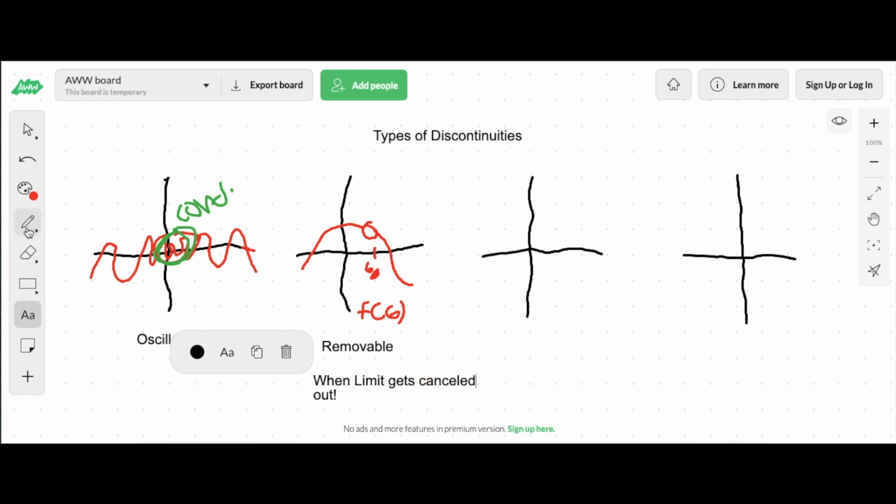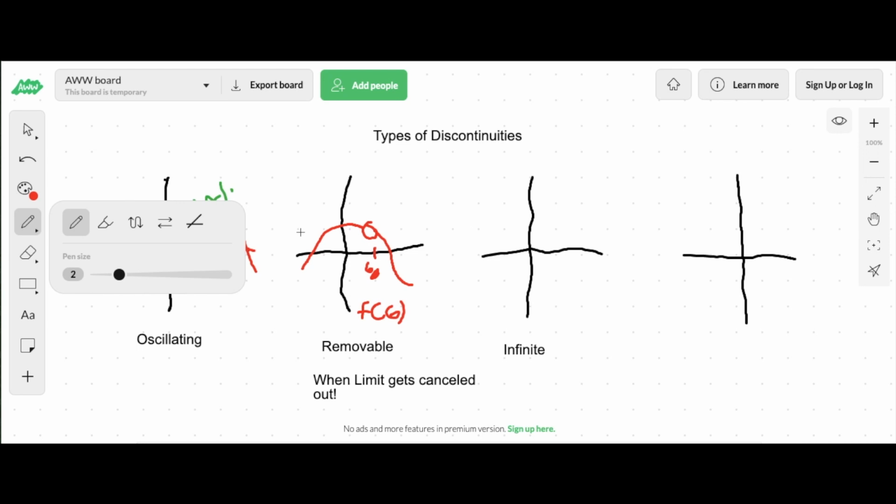Next in line is going to be our infinite discontinuities. Now let's graph an infinite discontinuity. Infinite discontinuities occur when there's a vertical asymptote. And to solve an infinite discontinuity, you set the denominator equal to 0 and solve to find it. Now I'm going to show you how to do it graphically.